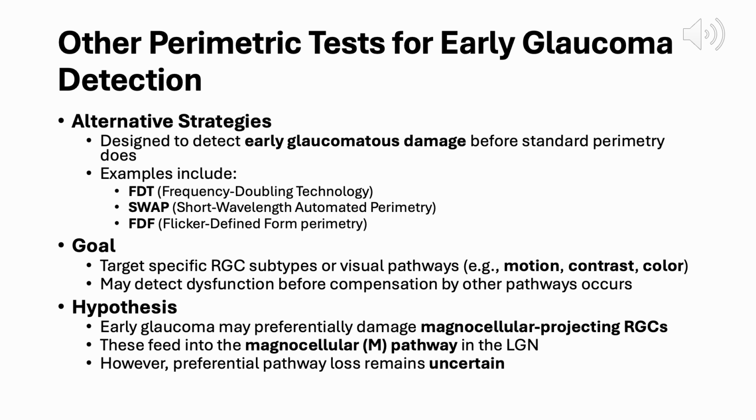The idea is that early glaucoma may selectively affect certain cells, particularly those projecting to the magnocellular pathway, before broader damage occurs. However, whether this preferential vulnerability is consistent across patients remains uncertain. These tests may pick up subtle dysfunction before standard testing does, but clinical adoption remains limited.